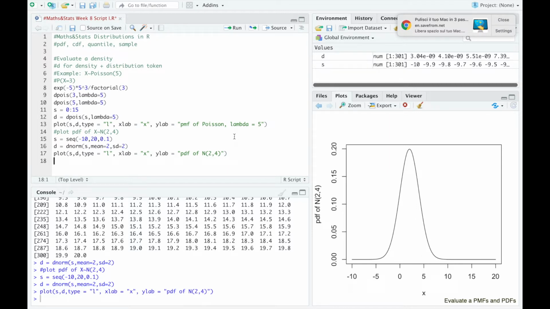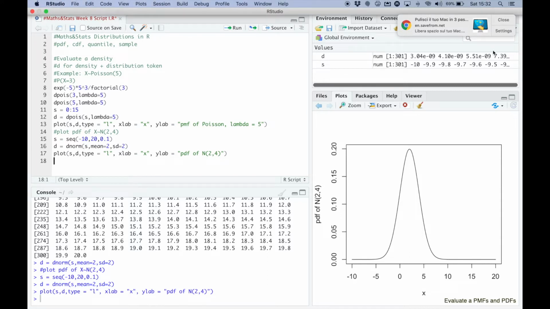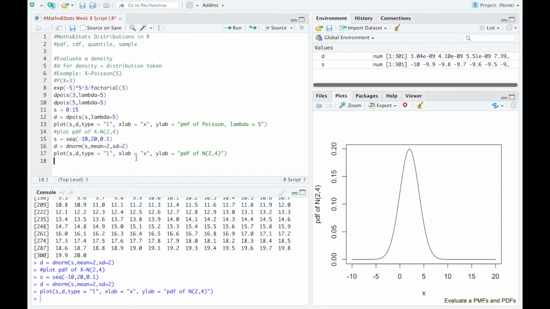If you want to get fancy graphs, get in touch and I'll give you more details. But the key package is ggplot2. So this package will allow you to create some very, very fancy graphics. Great, so this is done.